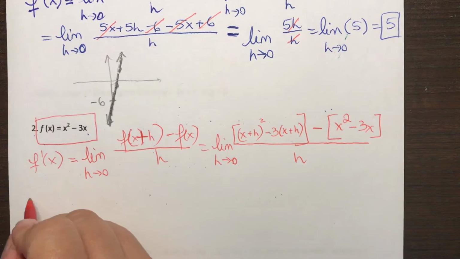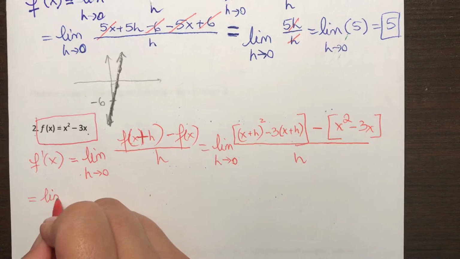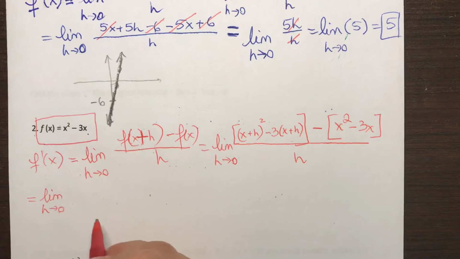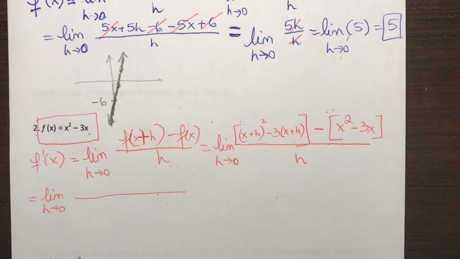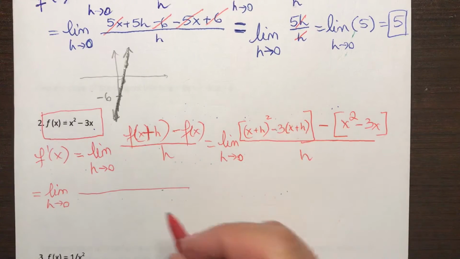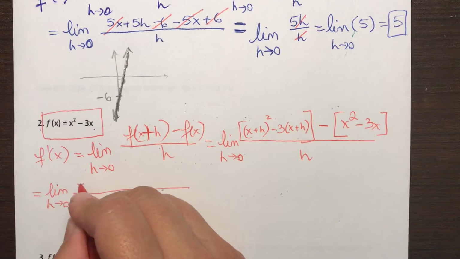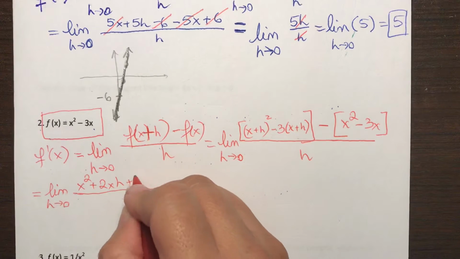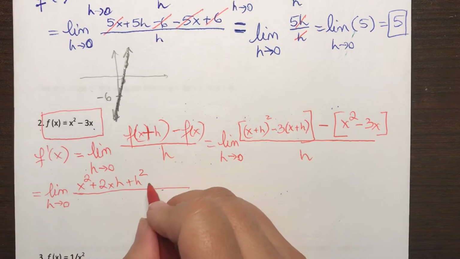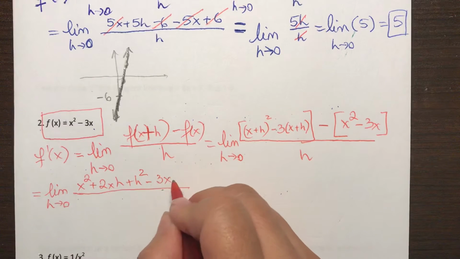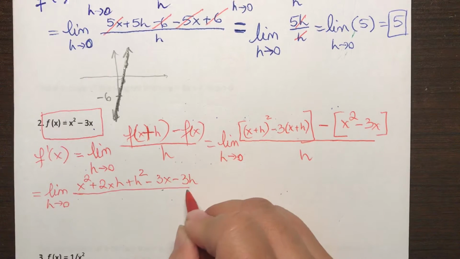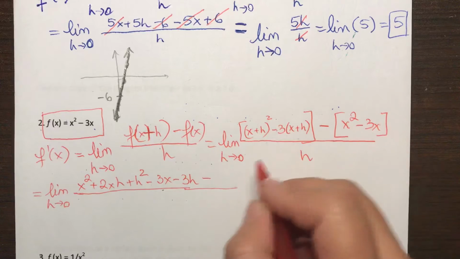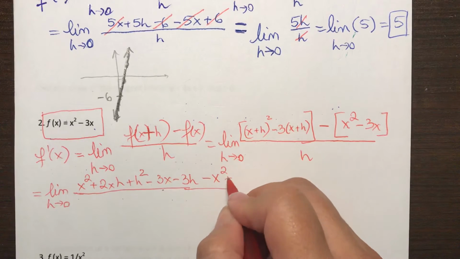Okay. Don't forget the limit. And now it's algebra. X plus h quantity squared. Squaring that binomial again will get you the middle term. Don't forget about that. Distribute in the negative 3. Distribute in this minus.